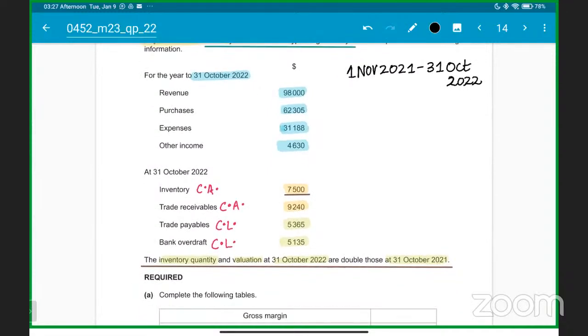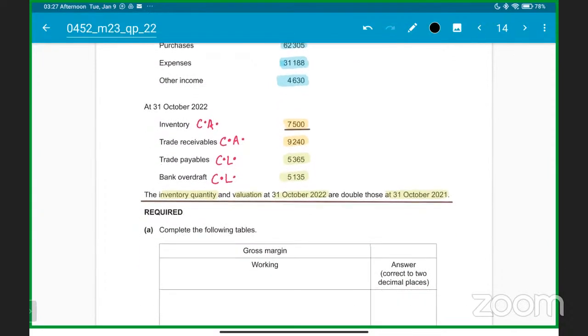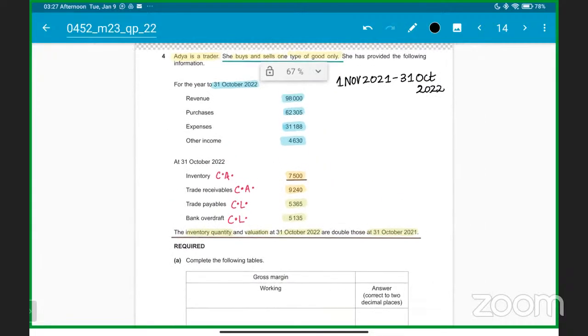So they are telling the same thing, that the inventory quantity and valuation at the end of the year are double those at the last year's closing inventory. The last year's closing inventory will become the opening inventory as well. Okay, so we'll have to think about the double thing here in relation to the respective question that we face. Everyone with me, following? Clear? Guys got the information? It's very important.